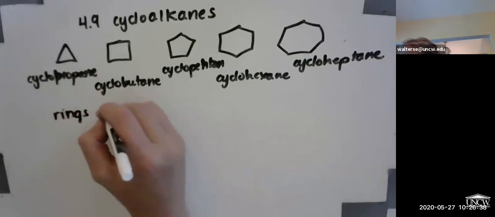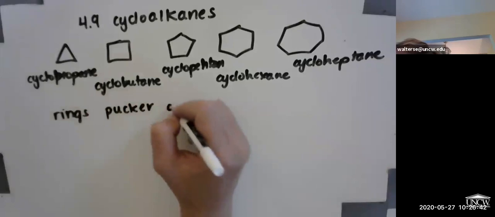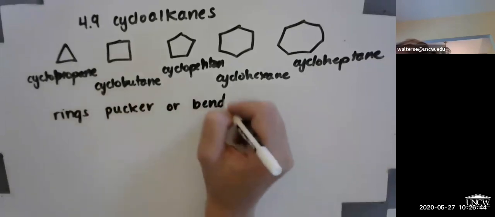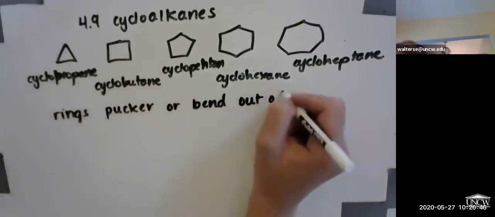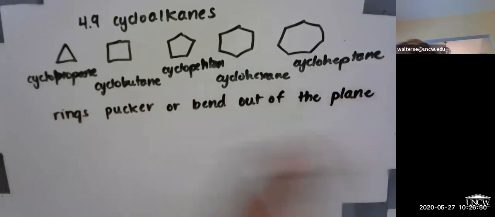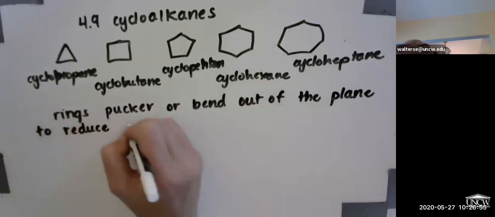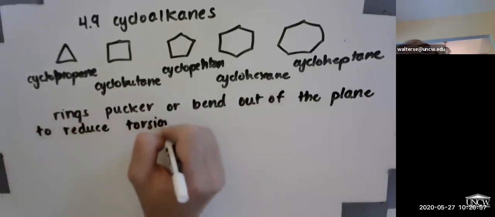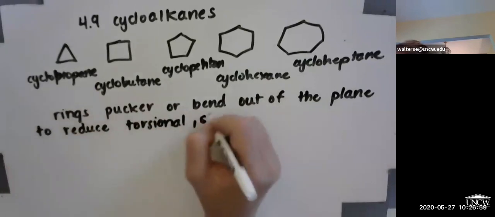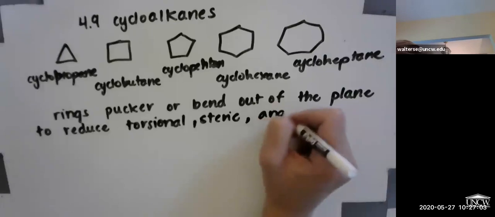The rings are going to, it's called pucker. They either pucker or bend themselves out of the plane to reduce torsional strain, steric strain, and what's called angle strain.